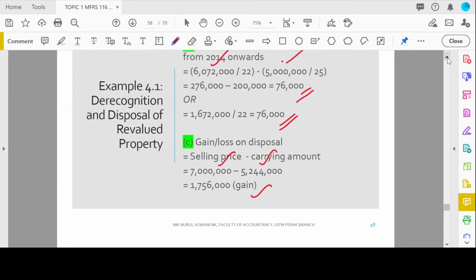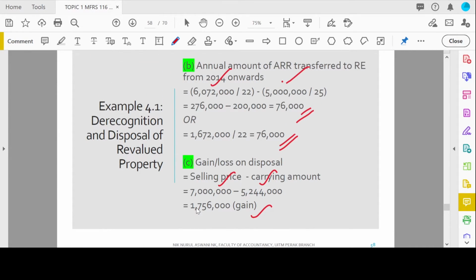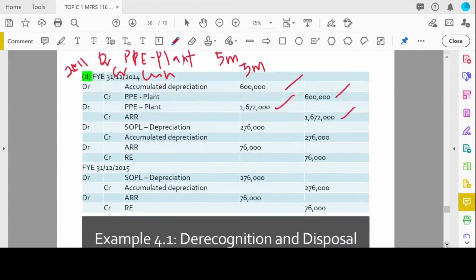It should tally. If in your journal entry you get a different amount, it could be either your computation is wrong or your journal entry is incorrect. It should be the same.